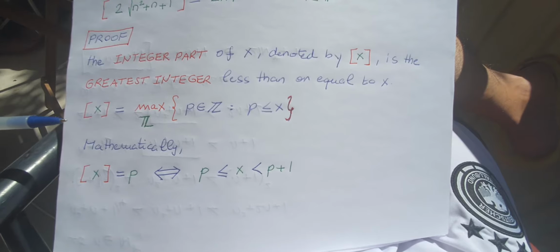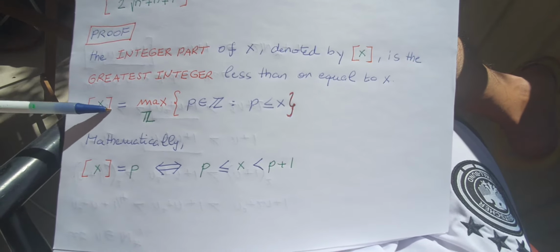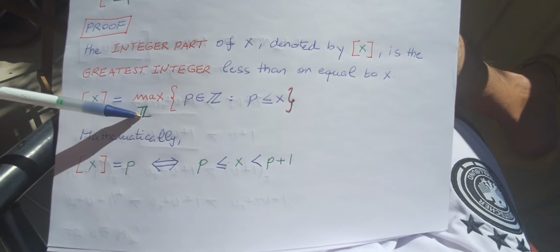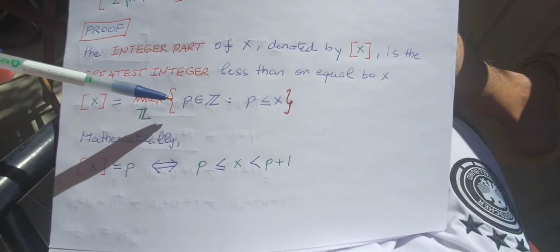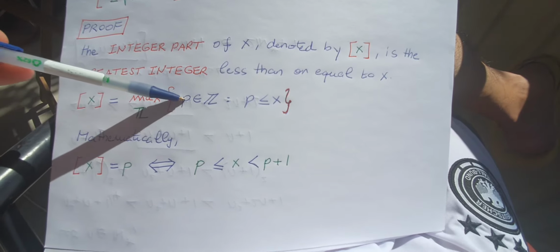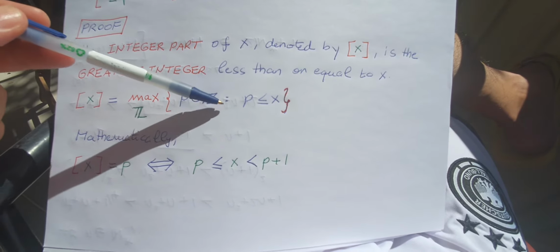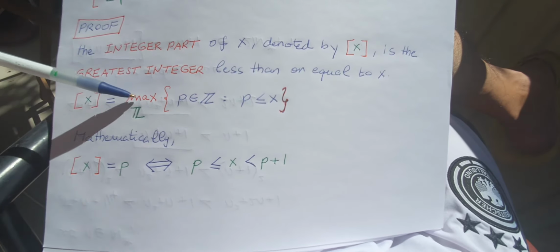So in mathematical terms, the integer part of x is the maximum over the set of integers, so the maximum of all p belonging to Z, such that p is less than or equal to x.